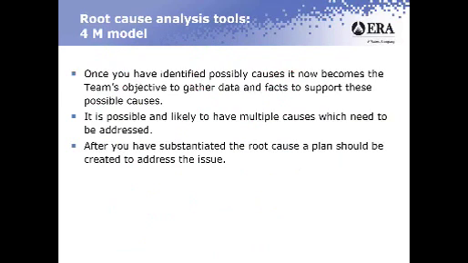So once you've identified your possible causes, it becomes the team's objective to gather data and facts to support these possible causes, and also it's likely that you're going to have multiple causes that need to be addressed.